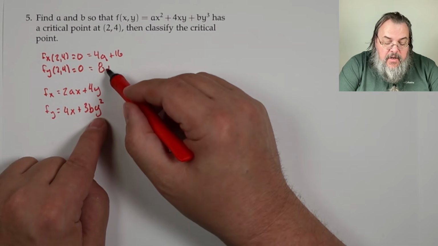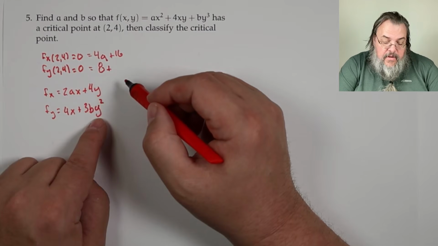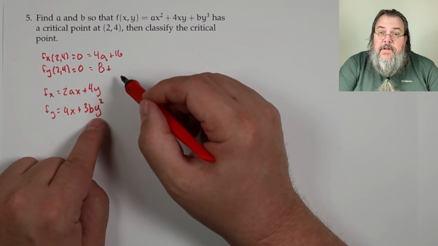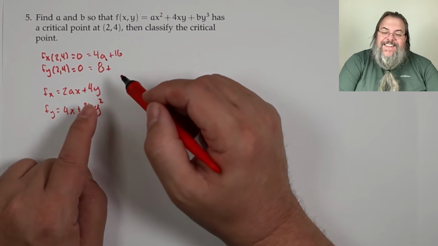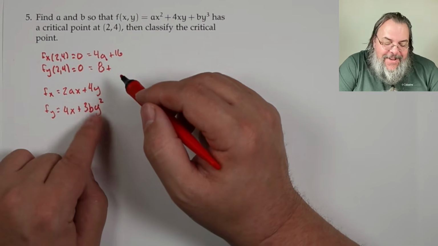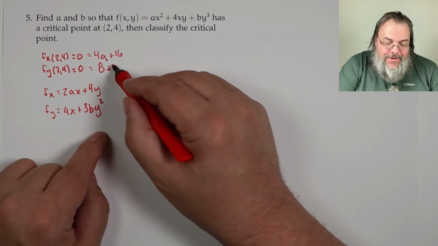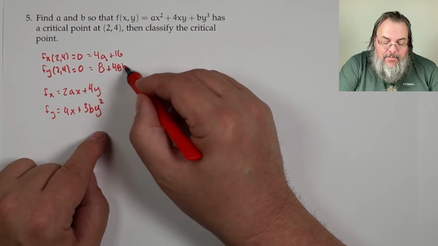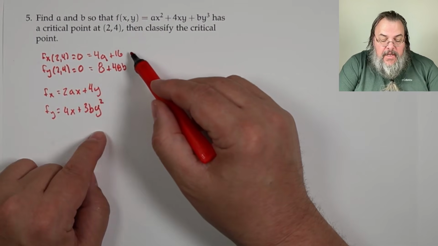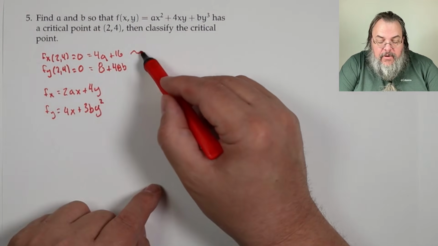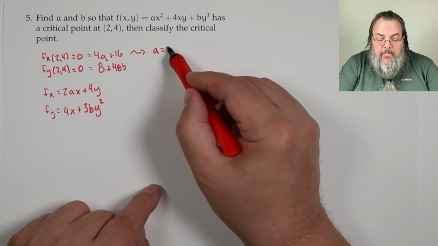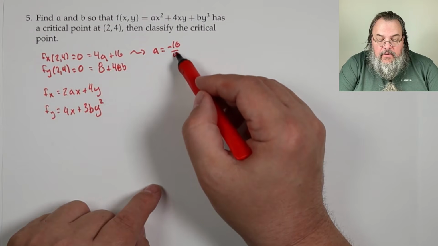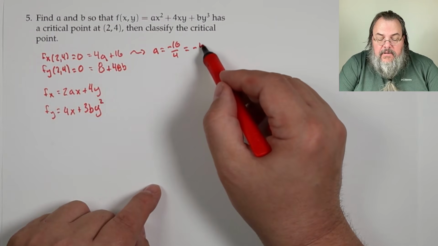Well, that's a big number. So let's see, what is that? Okay, 4 squared is 16 times 3 is 48. So 48b. And so we say, hey, this is pretty straightforward. So a would be minus 16 over 4, which makes this a negative 4.